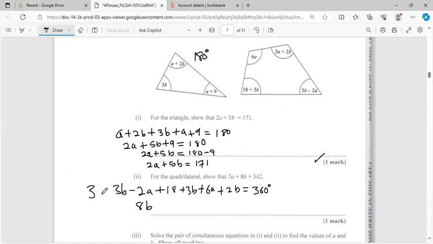Alright, so I left off that by mistake. But you know, it's supposed to work out to 8. So 3A, this will give us 1A. So that gives us 8B and 7A. And of course, we have the 18. So we gotta do the same thing, which is to subtract the 18 from both sides.